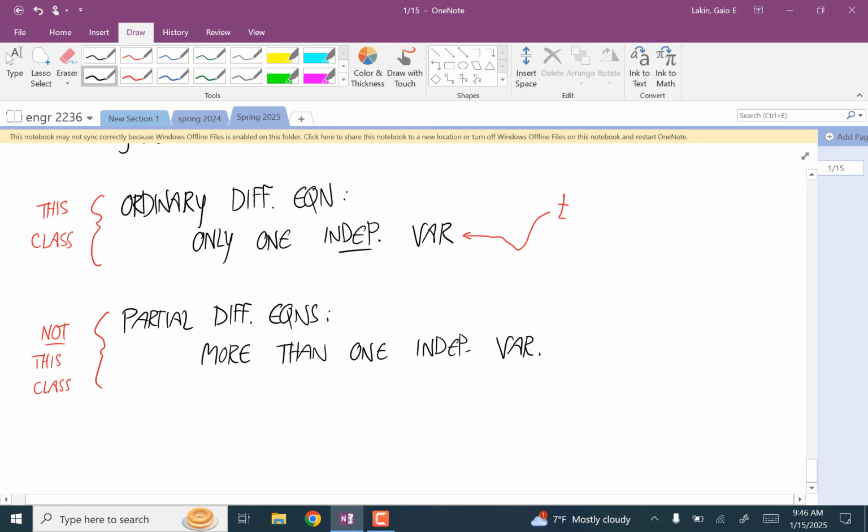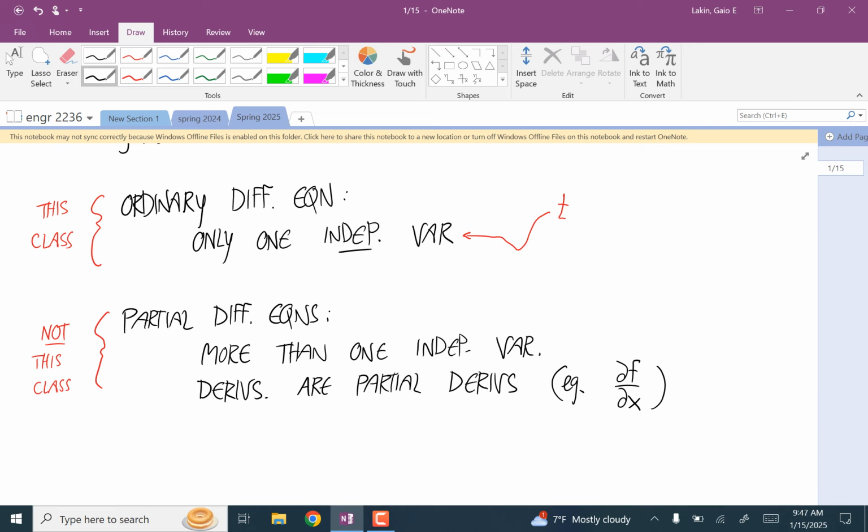The easiest way to recognize them is that the derivatives that show up in the differential equation are partial derivatives, like, for example, the partial of f with respect to x. All ours are going to be total derivatives.